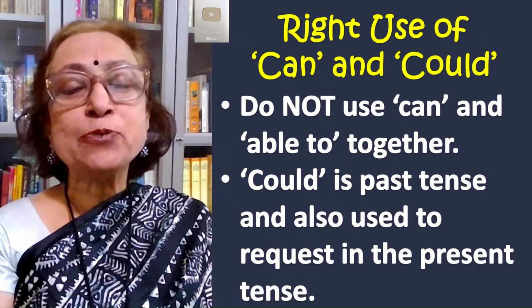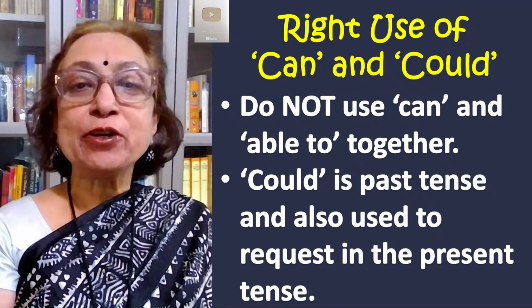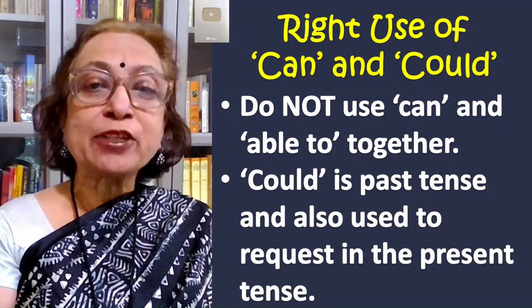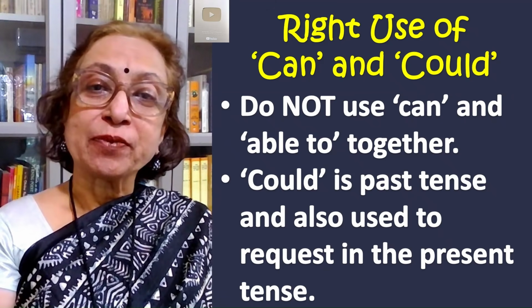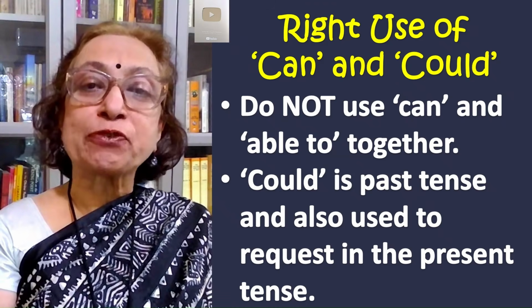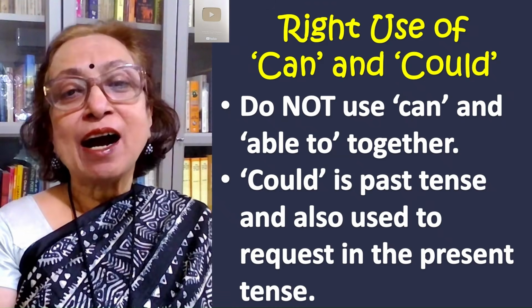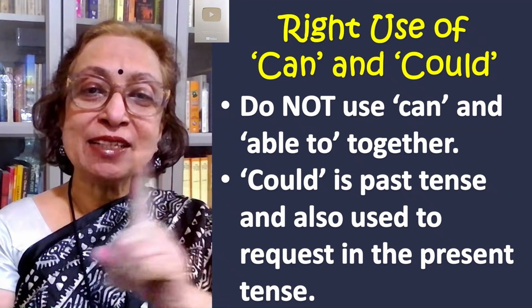What is the difference between can and could? Can shows you that you can do something. You are able to do something. Very often we make a mistake in the use of can by saying I can able to speak English. Can means able to.